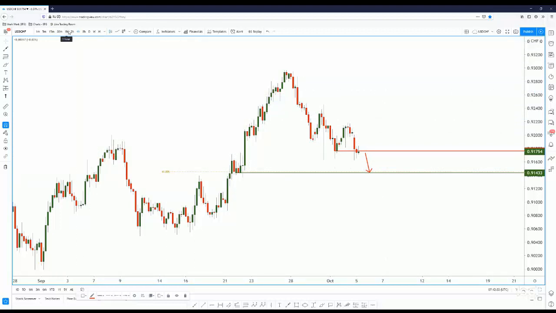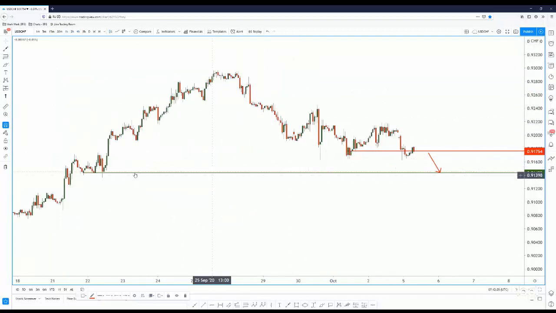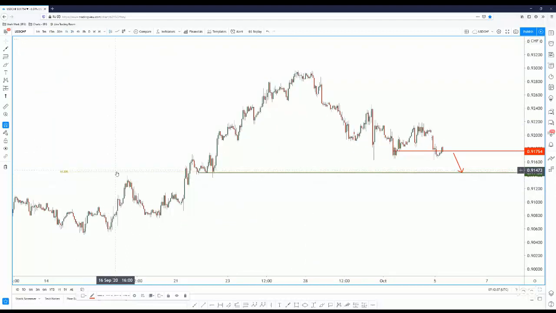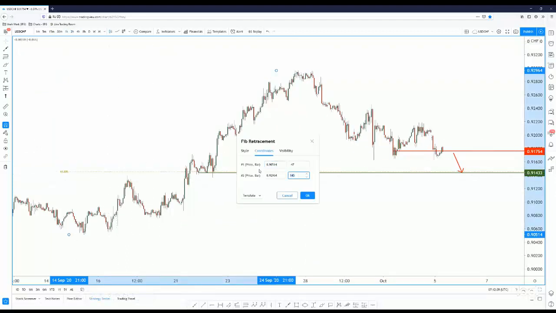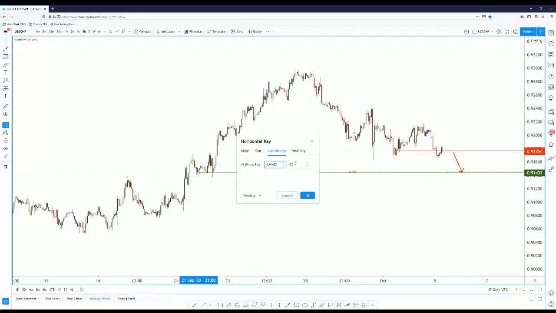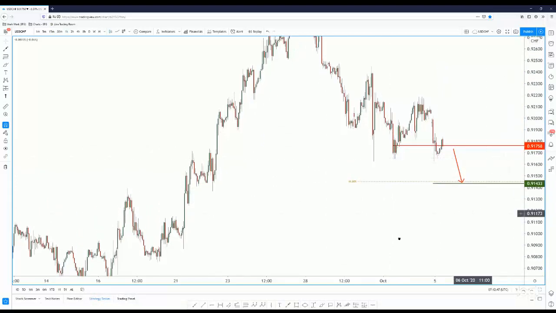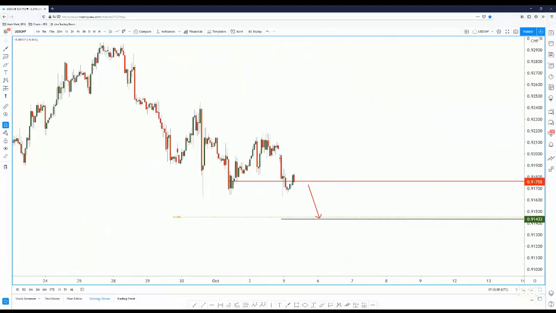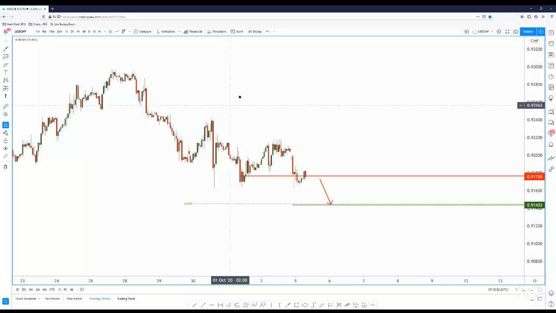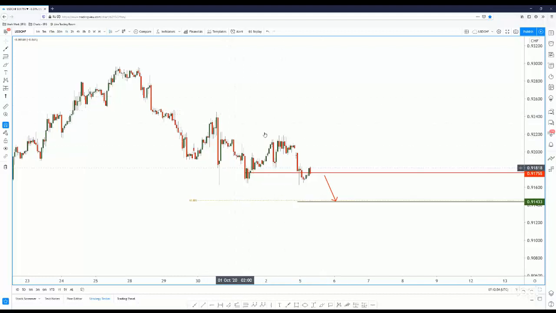Because this is an intraday trade, let's go down to the 1 hour. Let me just tidy this up so it's easy for you guys to see. For the 1 hour, this is what we have.